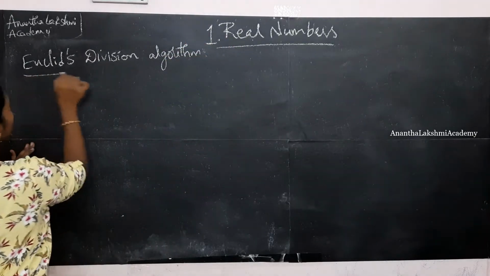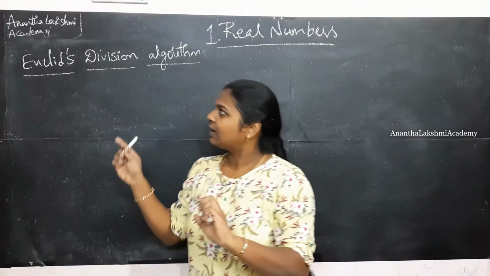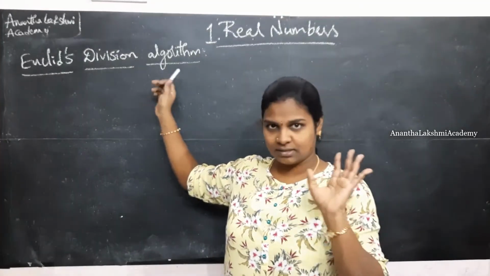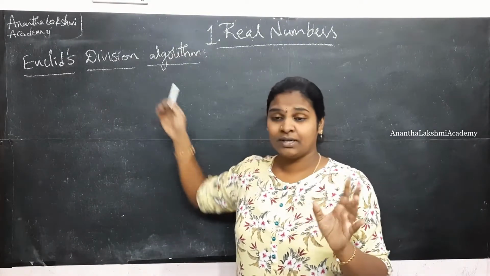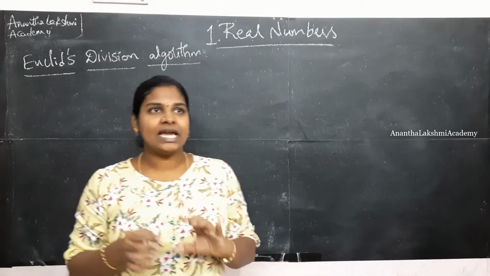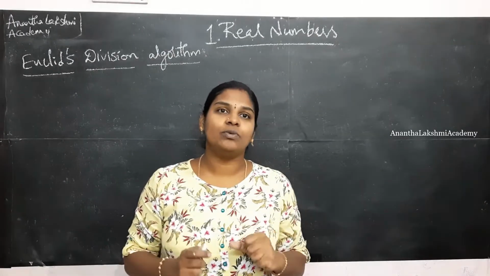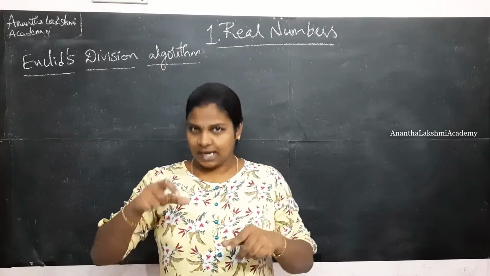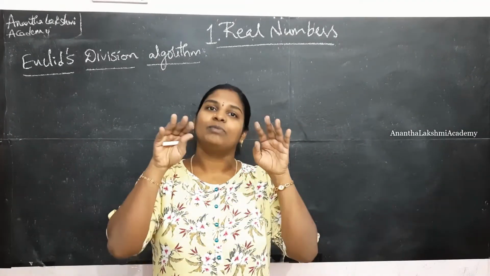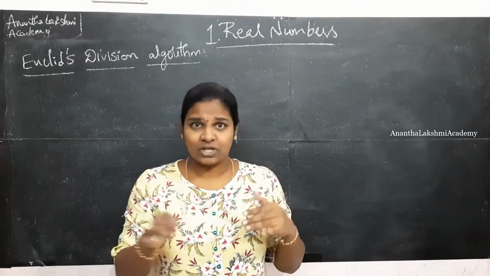Alright, before we get on to this algorithm, is everybody aware of what an algorithm is? Let me give you an example. If somebody asks you to prepare tea, how do you prepare tea? You say that I'll light the stove first, take the milk into a container, and then put it on the stove, and then I add some sugar, tea dust and all. This is what you will be telling, right?